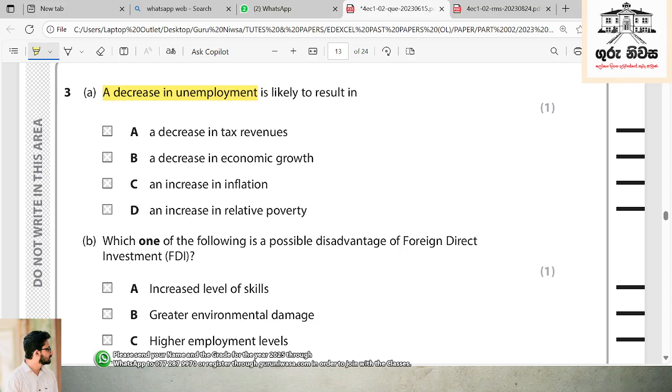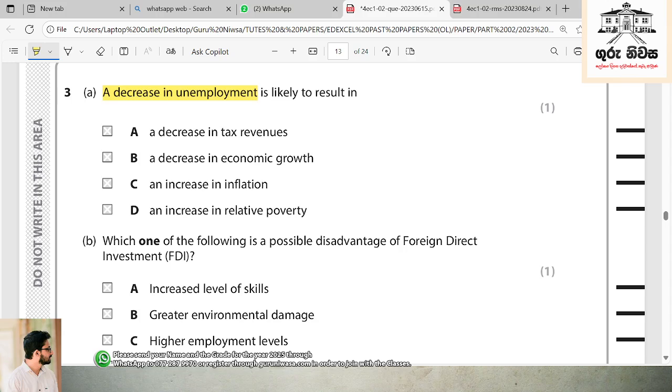Okay, the second one is relative poverty. Remember this word, relative, comes when we compare something. Relative means comparison. For example, you and me, or your family. Does your family experience absolute poverty?